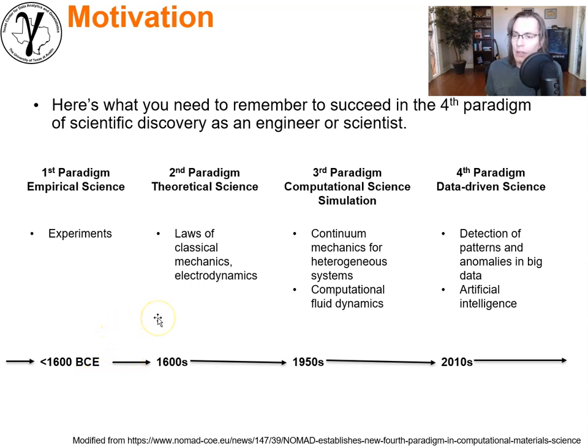Of course, around the 1600s, we start to think about more theoretical science. How do we develop analytical expressions, formulas, equations to describe fundamental laws of nature around us? Super epic, super cool. And then the third paradigm, with the advent of computational power, dealing with complicated heterogeneous systems and realizing there weren't analytical closed form solutions, but we could model the system.